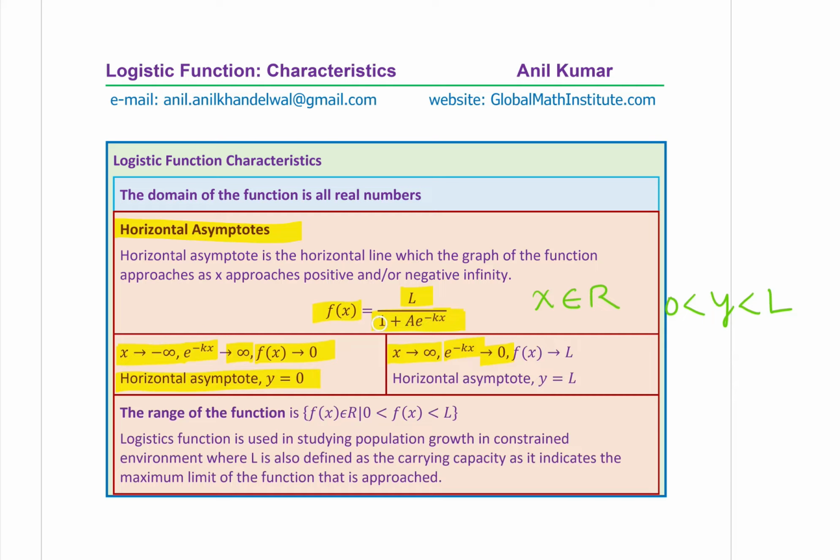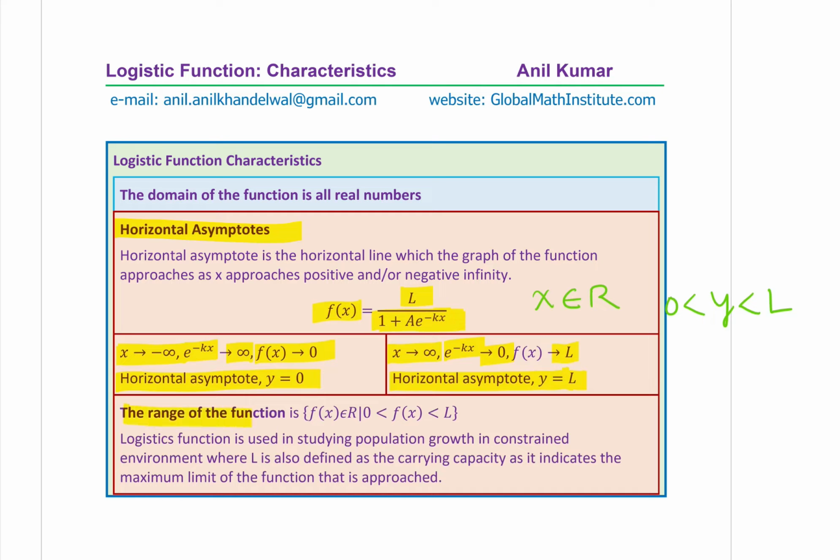We are left with L over 1, which gives us the value L. So the function approaches L. So therefore, we have a horizontal asymptote y equals L. So in this case, when x is approaching a positively large value, the function is approaching L. And therefore, we have the horizontal asymptote L. So that defines your range between 0 to L, correct?